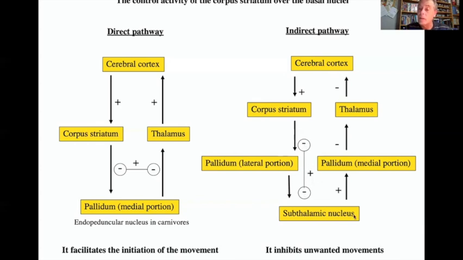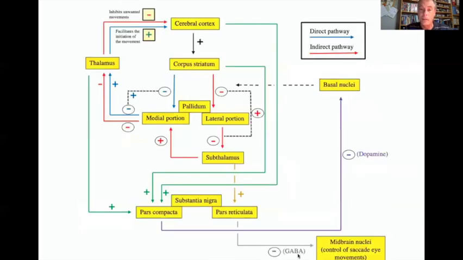So the subthalamic nucleus is activated now, and it activates the medial portion of the pallidum. As this one is inhibitory over the thalamus, we inhibit the activity of the cerebral cortex. So a combination of these pathways, direct and indirect, tends to coordinate and allow a correct movement. One facilitates the initiation of the movement, and the other, the indirect one, inhibits the unwanted movements.